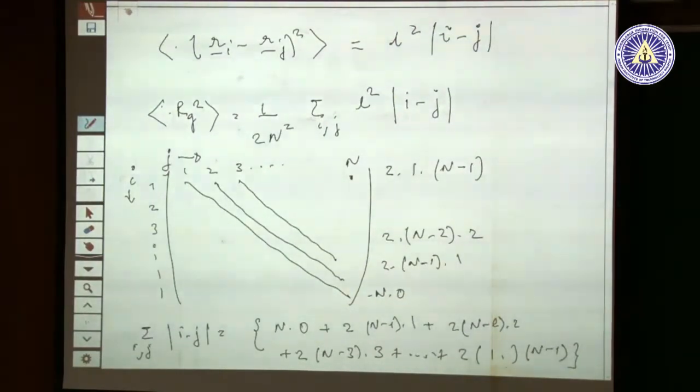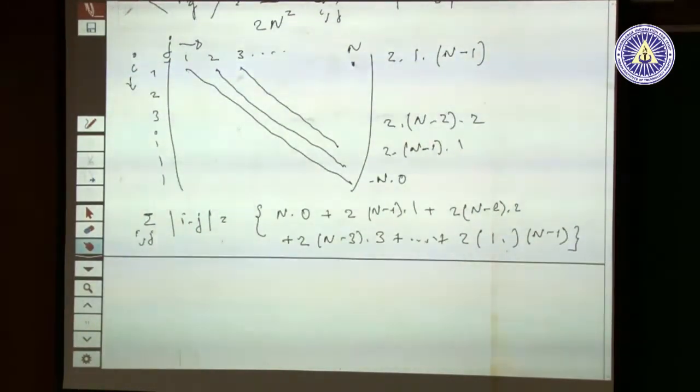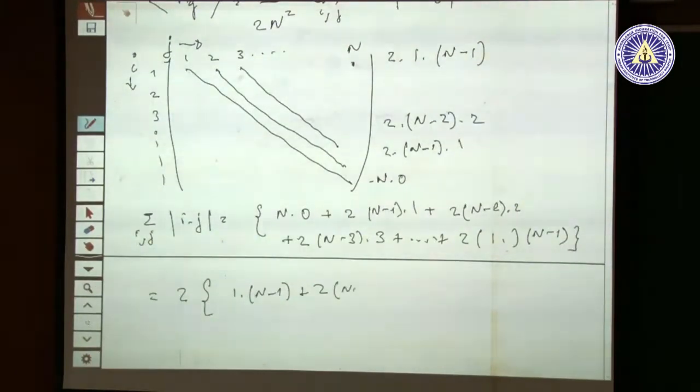Okay. So now we will remove the 2 common, so a little more algebra. The first term does not contribute anything, so I will write this as 2 times 1 into n minus 1 plus 2 into n minus 2 plus 3 into n minus 3 plus so on.